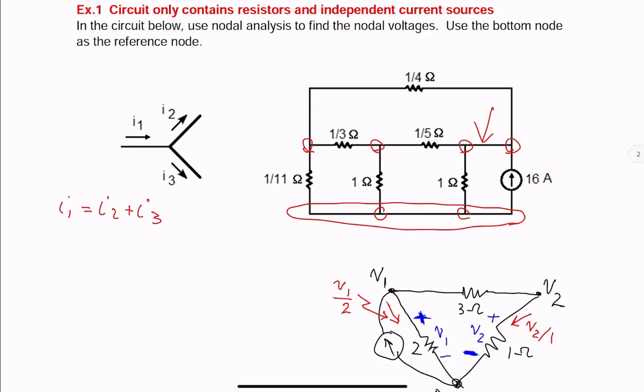However, the best version to use for nodal analysis is the summation of all currents leaving the node equal to 0. So right now, I2 and I3 are leaving the node. If we switch from I1 to negative I1, that current is now leaving the node. So the version that we'd like to use is negative I1 plus I2 plus I3 equal to 0.